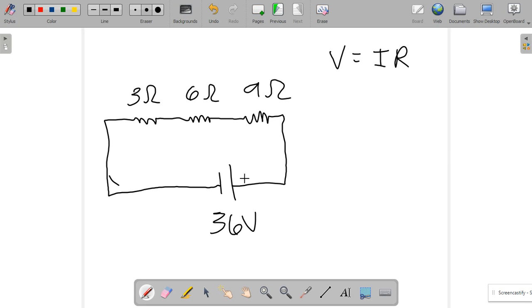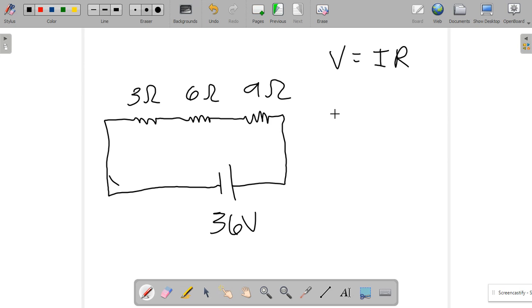Okay, so here's what's going to happen. We're going to use Ohm's law to find the overall current flowing through here, and then we're going to show the voltages across each resistor, and then we're going to make some conclusions.